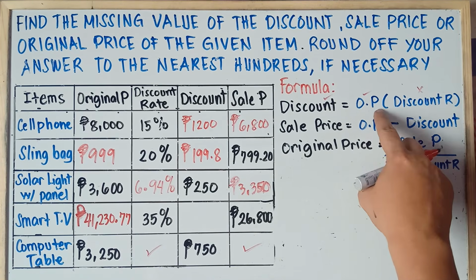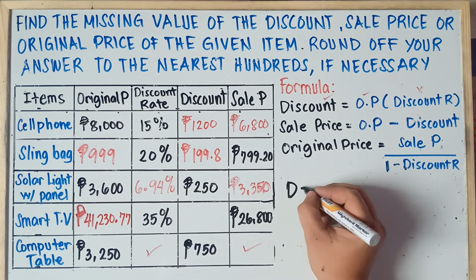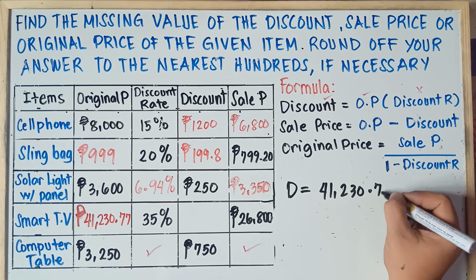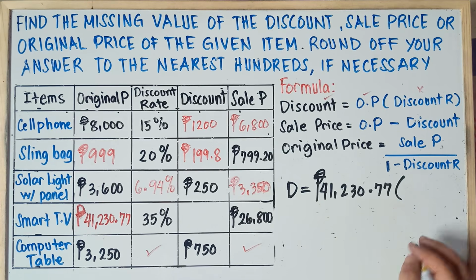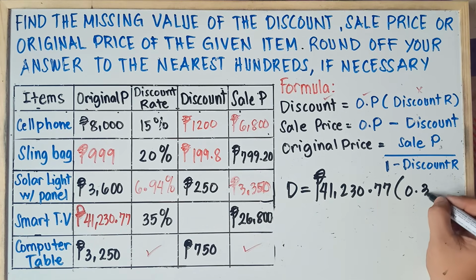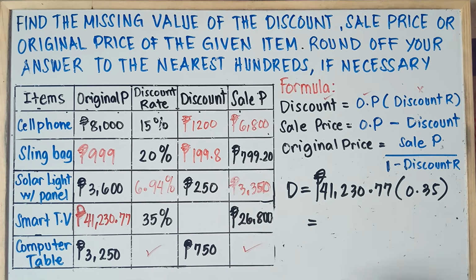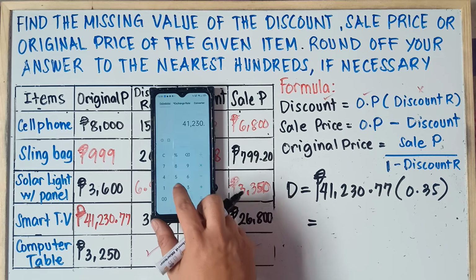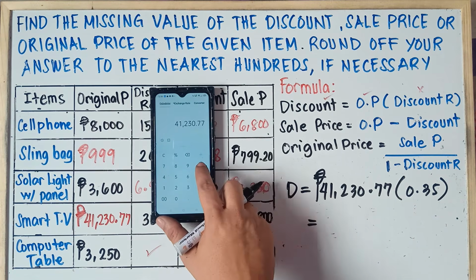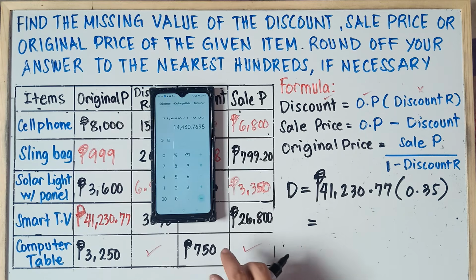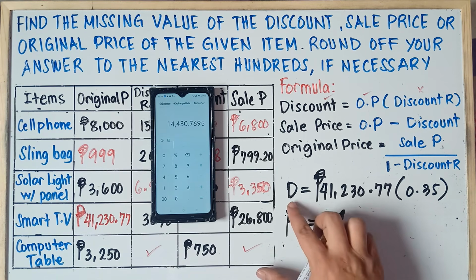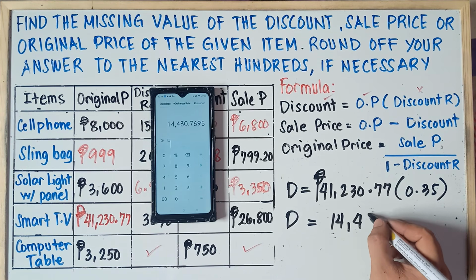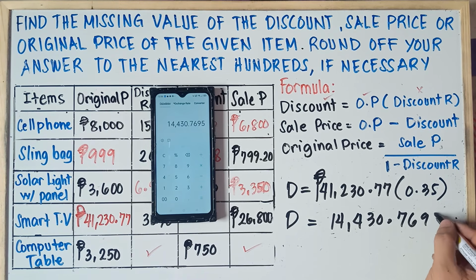Yep, we have the original price and the discount rate. So the discount is equal to the original price, 41,230.77 pesos, multiplied by the discount rate, 35% or 0.35. 41,230.77 times 0.35 equals, so discount is equal to 14,430.7695.